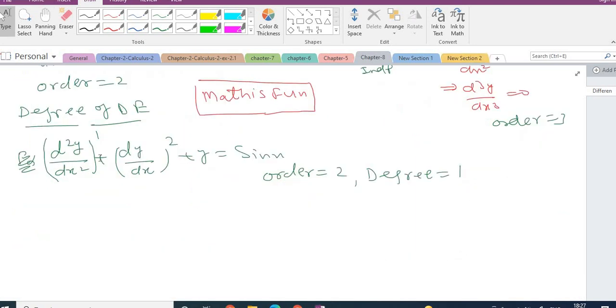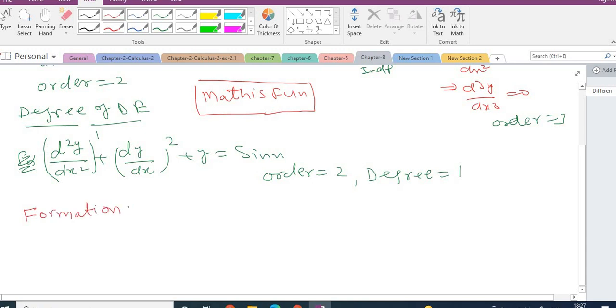Now I am going to tell you how to form the differential equation. Formation of differential equation means making a differential equation. For example, suppose I have y is equal to e power x.